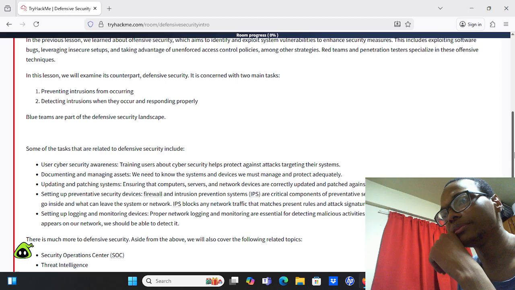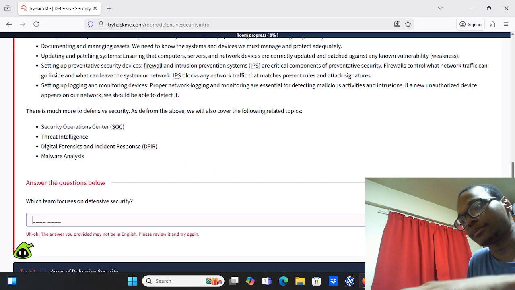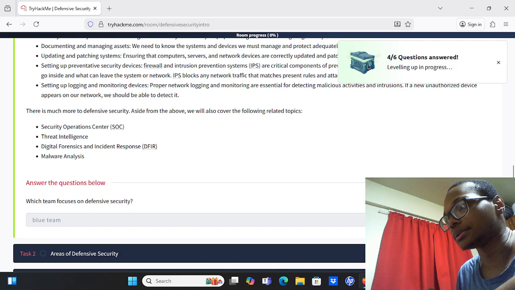So which team focuses on defensive security? Oh, okay. I know what it is. There we go. Blue team. Okay. I thought it was defensive, but I realized it was blue team.